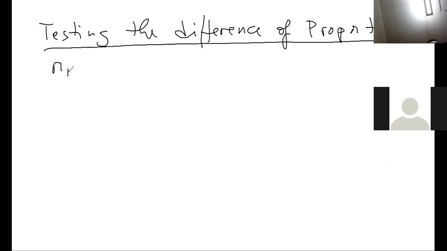So we have N1, X1, P1 hat is X1 over N1, P2 hat is X2 over N2.